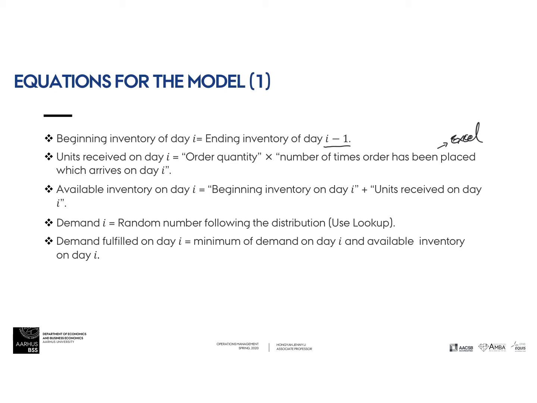And then available inventory at day I. So beginning inventory at this day plus units received on that day. So that's a total updated inventory. And the demand on day I equals a random number following the distribution. So this actually is a stochastic input for your simulation model.